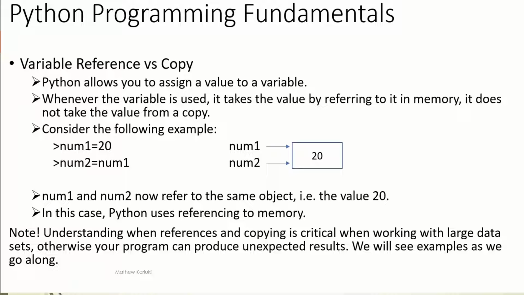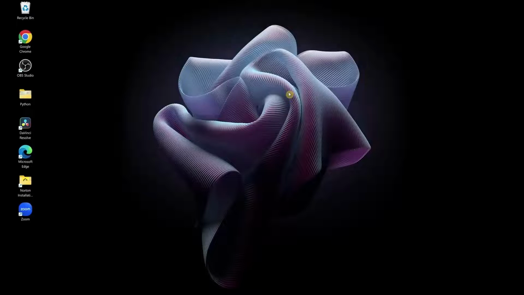In this case, Python uses referencing to memory. This is particularly important when working with large datasets, as you do not need to reserve computer memory for the same dataset. Going back to Jupyter Notebook, I'll show you how this is done.